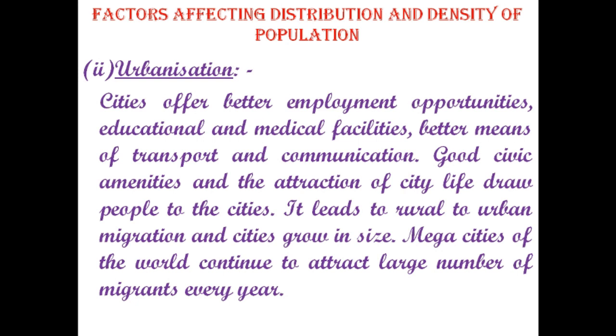So cities started growing in size. Mega cities of the world continue to attract a large number of migrants every year. Now what are mega cities? Mega cities are those cities in which population is more than 10 million.